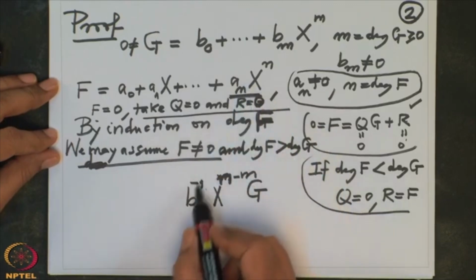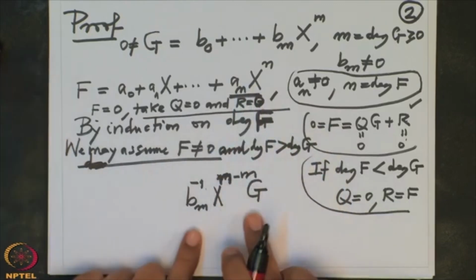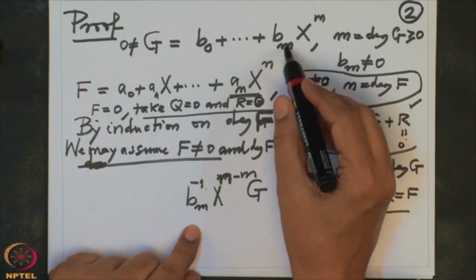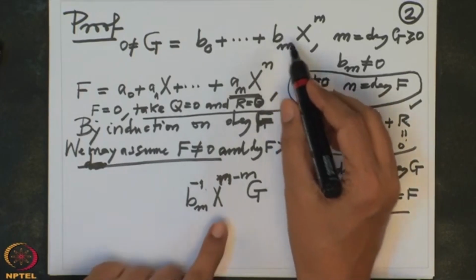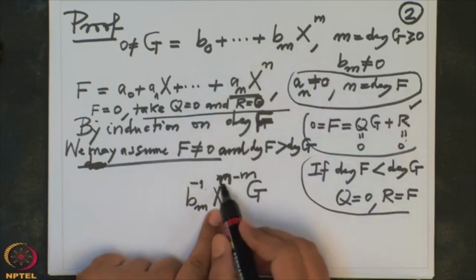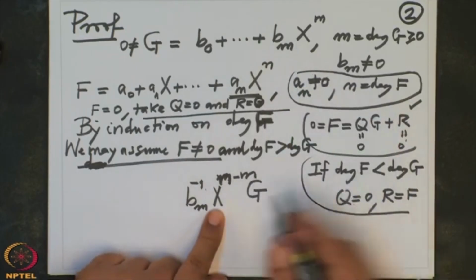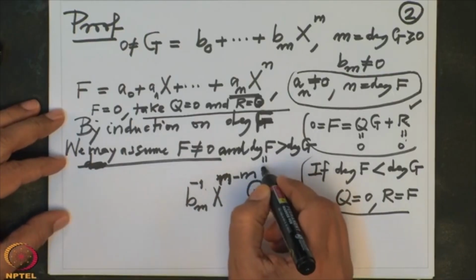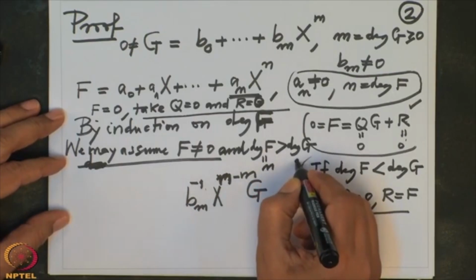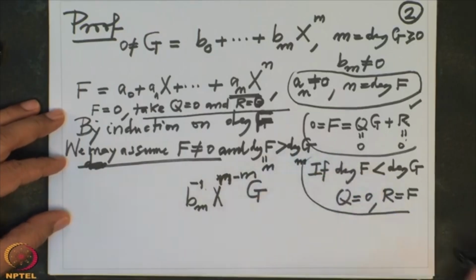I should assume that. Now we are trying to cancel the top degree coefficient of f. So what do I do? I consider this. You remember what I did with this? Now g has leading coefficient bm, and I multiply by bm inverse, so this becomes 1, and I multiply by x power n minus m. That is allowed because this is n and this is m, so we are assuming n is strictly bigger than m.